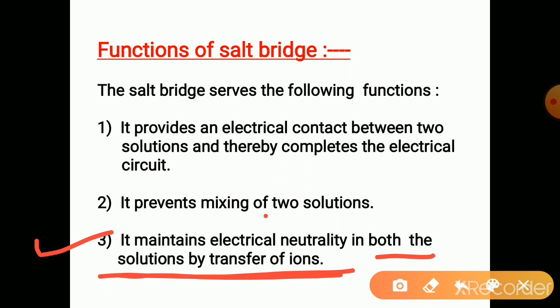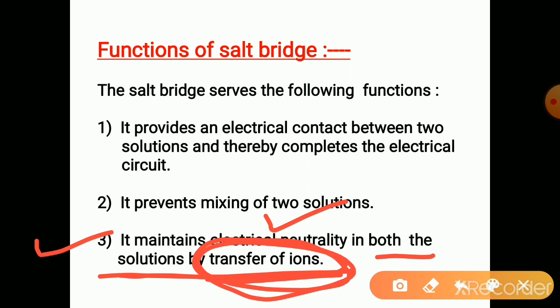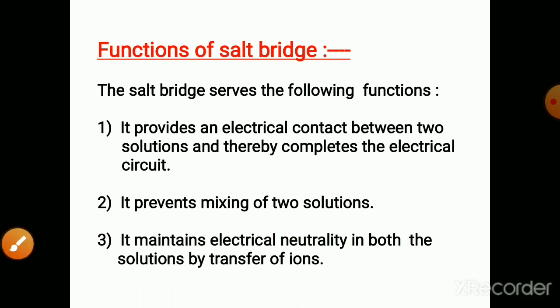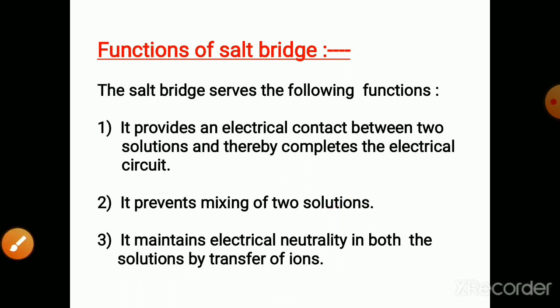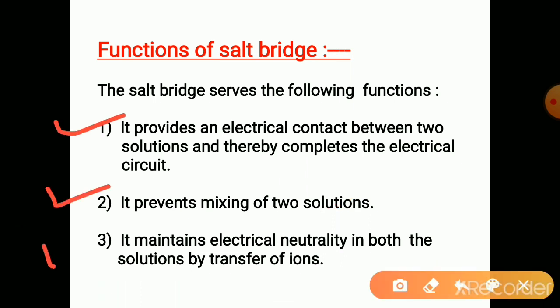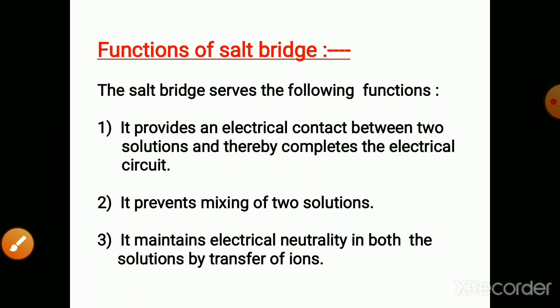It can transfer ions to both half cell solutions and maintains the electrical neutrality. So these are the three functions mainly given in your textbook, and this is important as it was asked in previous year board question papers.